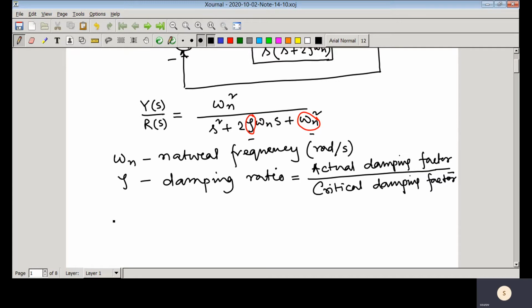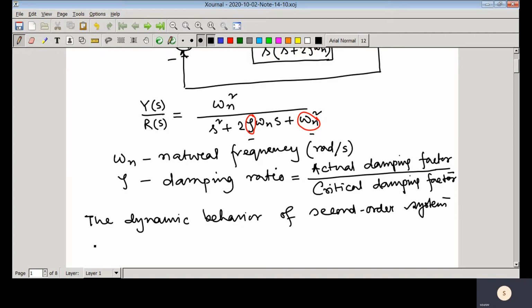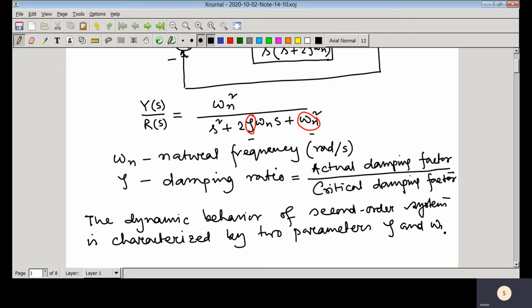So that is the dynamic behavior of second order system is characterized by two parameters, those are zeta and omega n, and this zeta is that damping ratio and omega n is natural frequency.